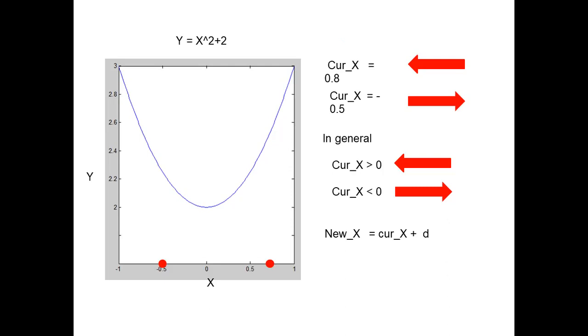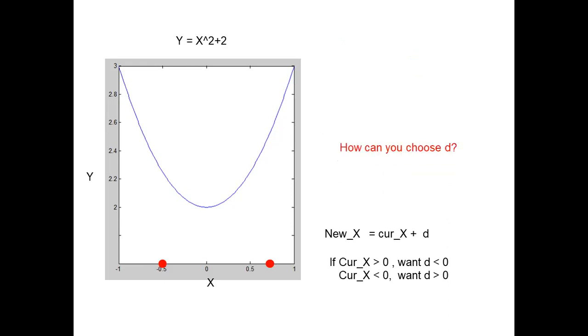From the current point, we have to check towards which direction we should move to improve the minimum point. So if the current point is positive, we want the direction to be to the left, less than 0. If the current point is negative, we want to move to the right.